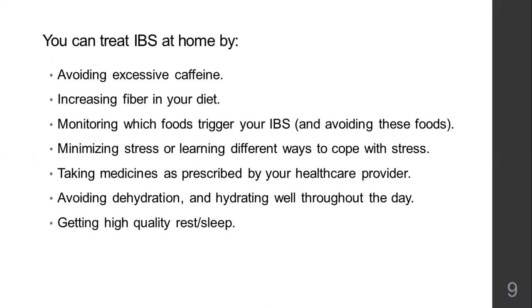Immediately after having some specific spices or flavored food, your IBS can be triggered, so avoid those foods. Minimize stress or learn different ways to cope with stress. Take medicines whatever the doctor prescribes. Avoid dehydration throughout the day, be well hydrated, and get good rest and sleep.